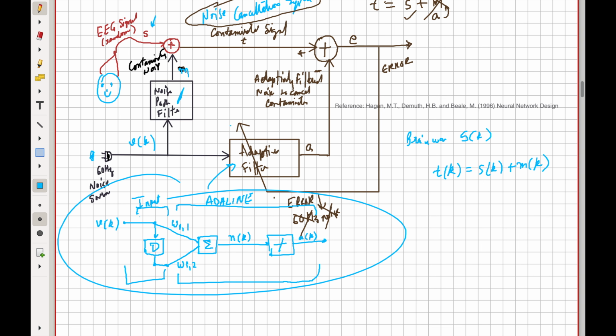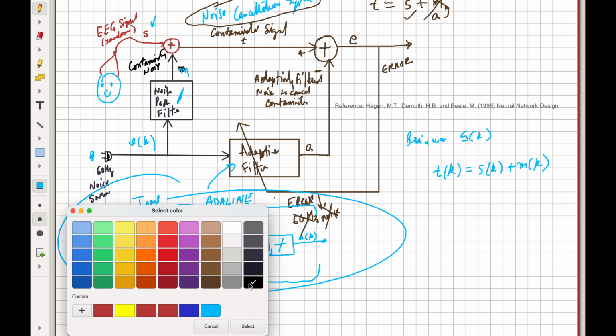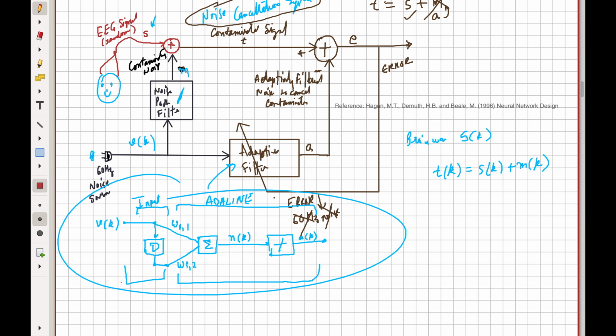And our adaptive filter, as we have seen here, takes the input vector Z, which is like this part right here, directly from the raw noise source. So we are using this right here as an input.